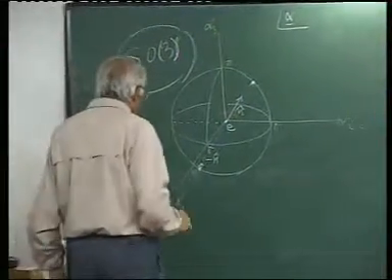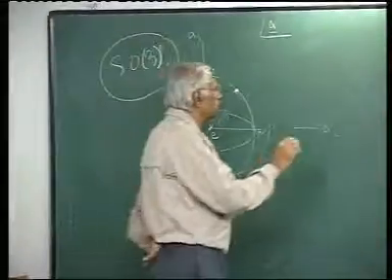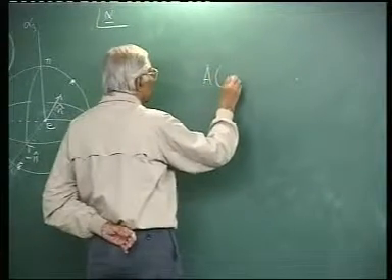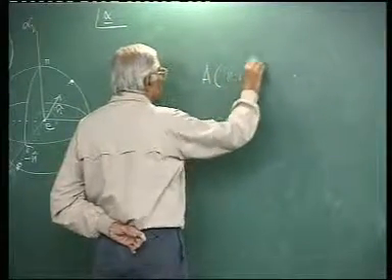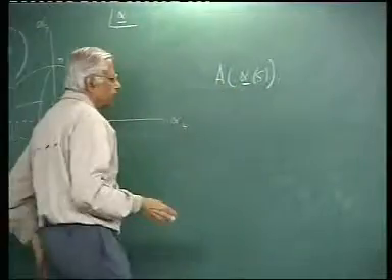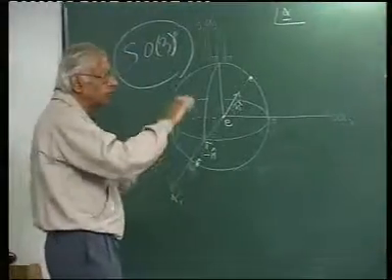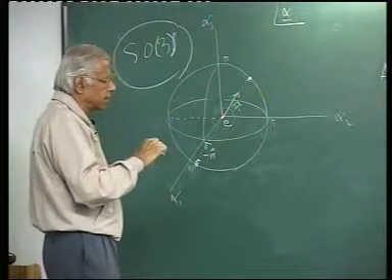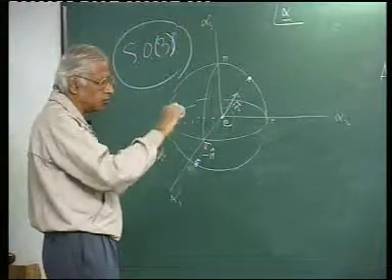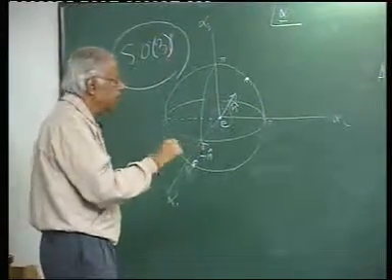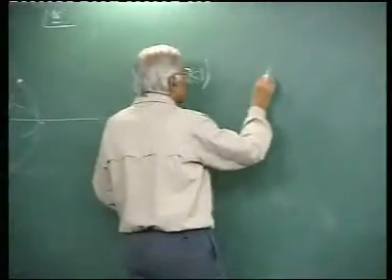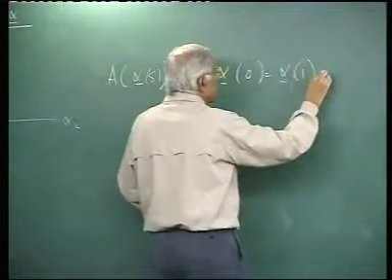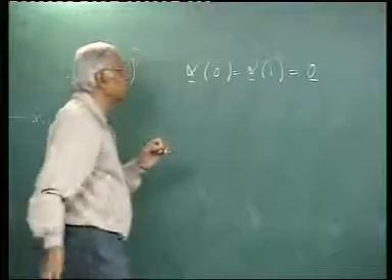So I want to ask the following question. I imagine constructing a loop in the space of the group SO3, a continuous loop with a parameter s, such that it starts and it ends at the unit element.